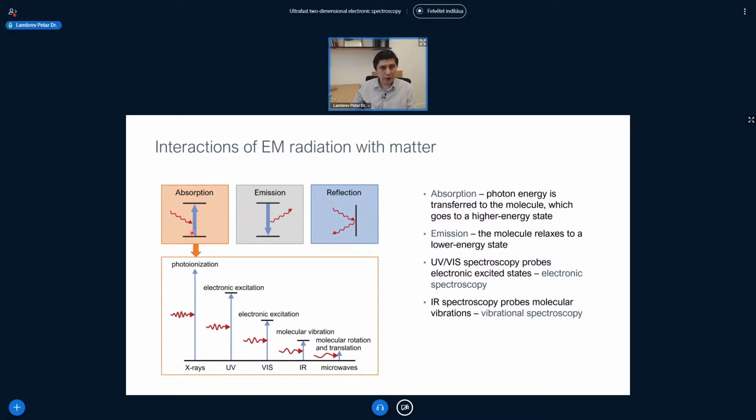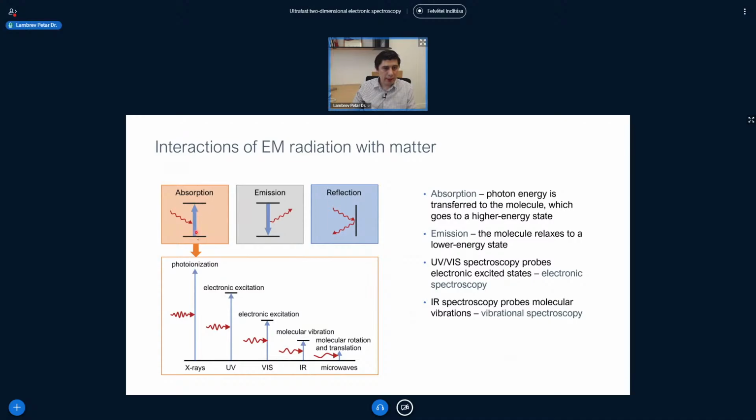The photon energy is transferred to the atom or molecule, and it goes into a higher energy state. The opposite can also happen in emission, where the molecule or atom will relax back from the higher to a lower energy state, and then the released energy will be emitted as a photon.